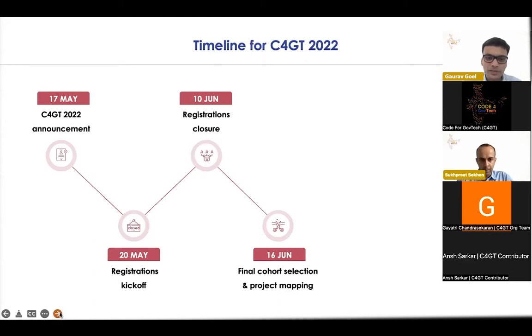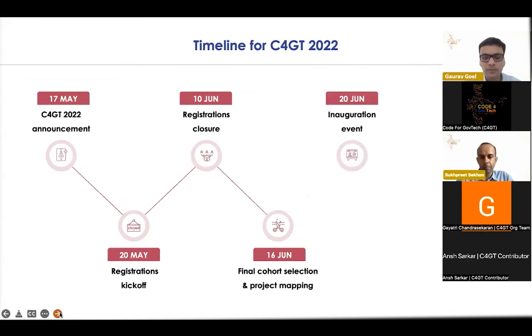And then on the 16th of June is when the final cohort of contributors was selected and their mapping to different projects was announced. So now we have, as we do this inaugural event, the final set of contributors, the first year cohort for C4GT. And today we are doing this inauguration event.